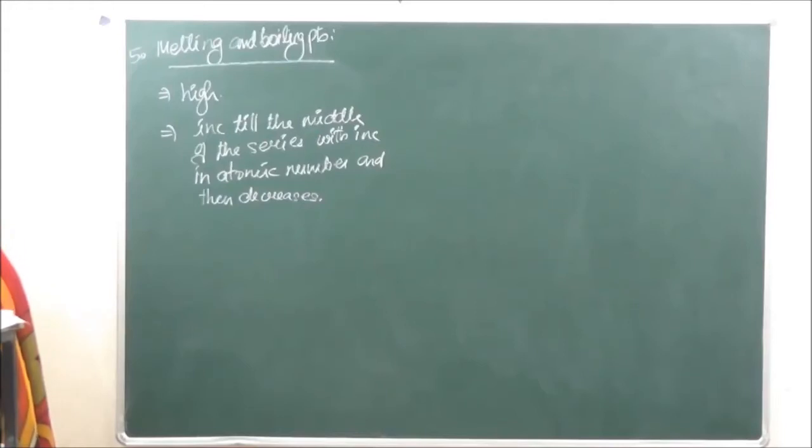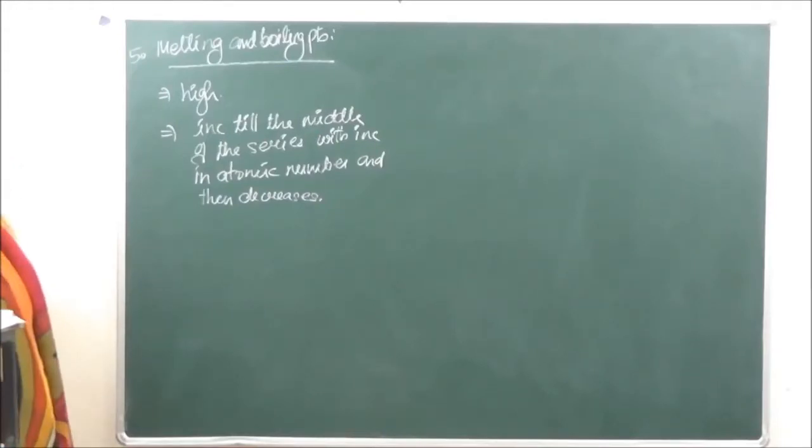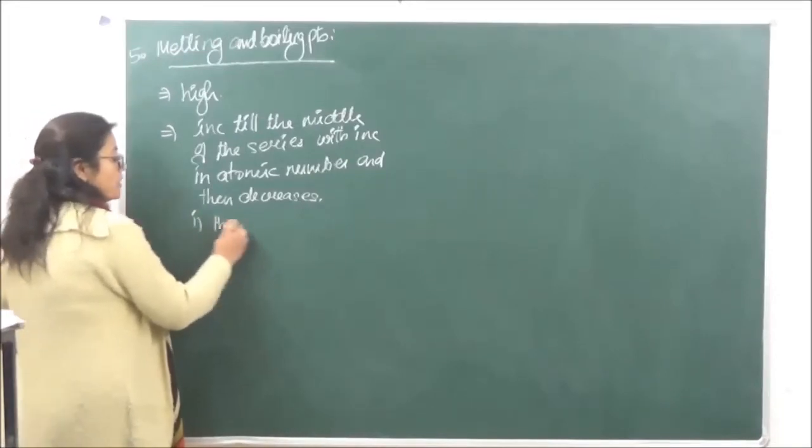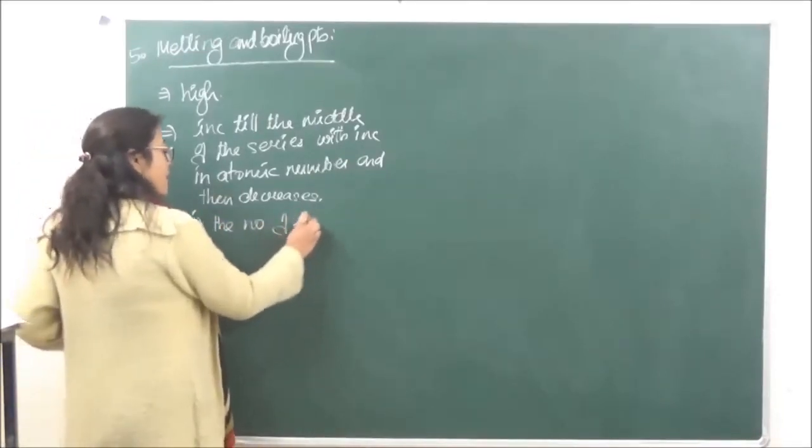Okay, now why is this happening? It is seen that the melting and boiling points depend upon the number of unpaired electrons.